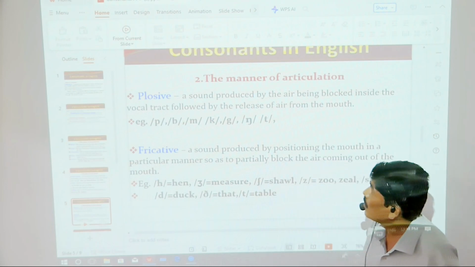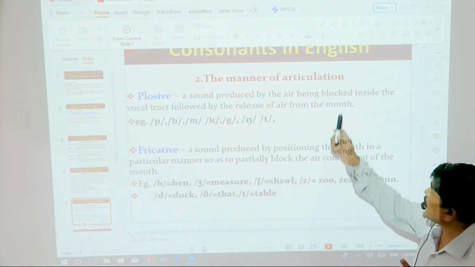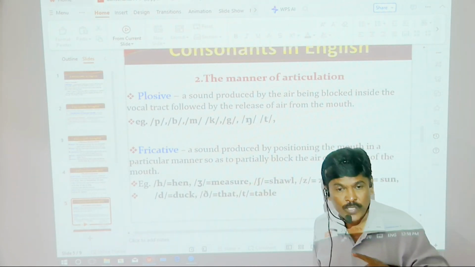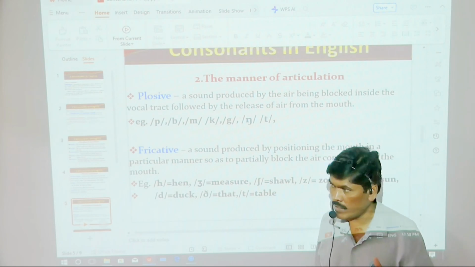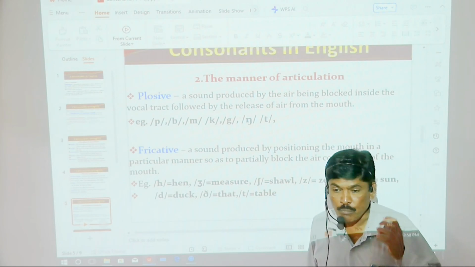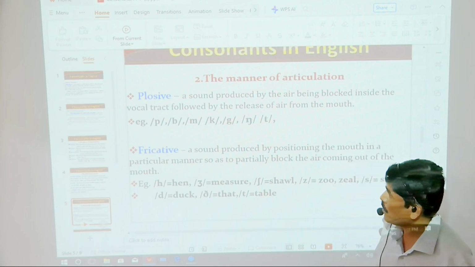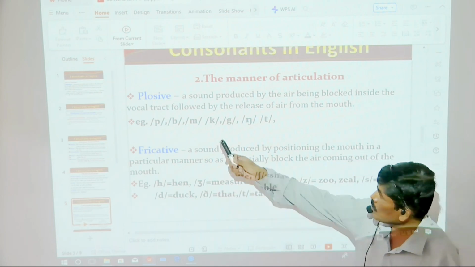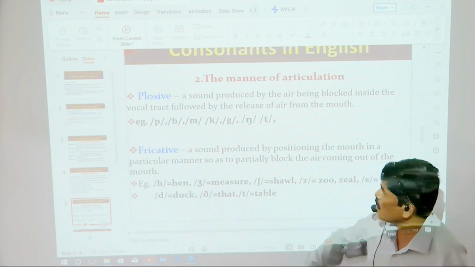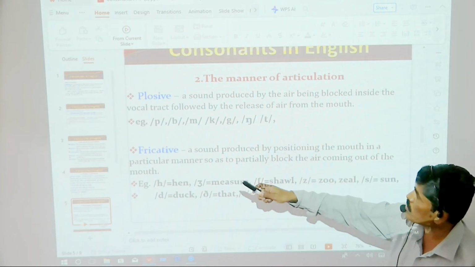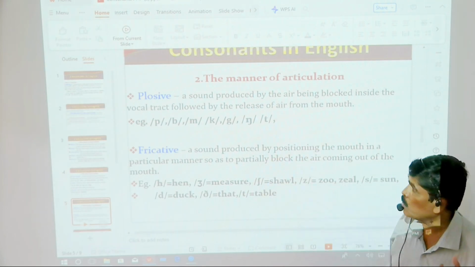Now the manner of articulation: how the sound is produced. For example, there are plosive sounds and fricative sounds; these sounds are produced by the manner of articulation.